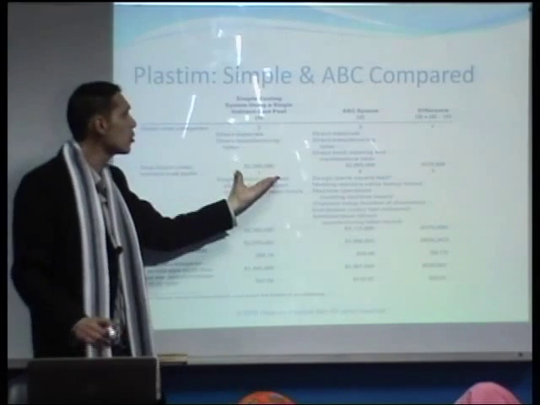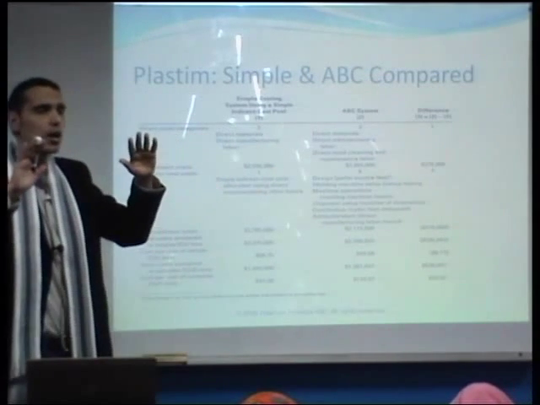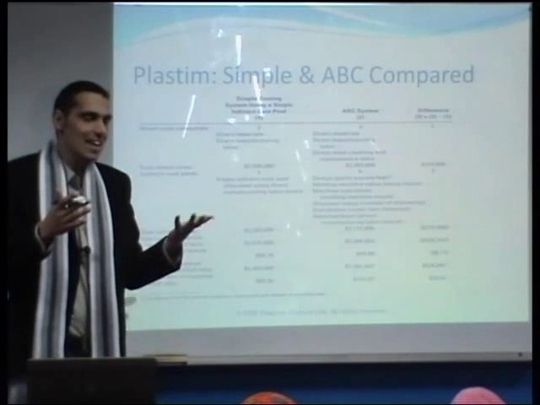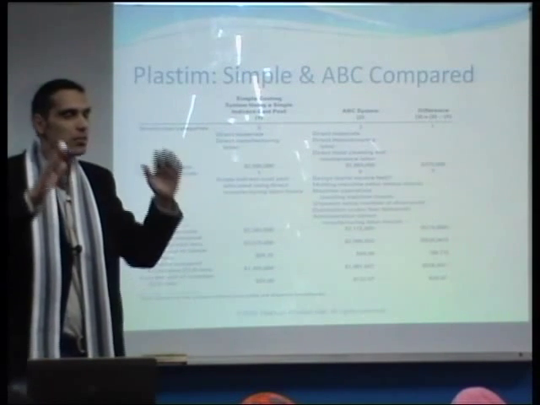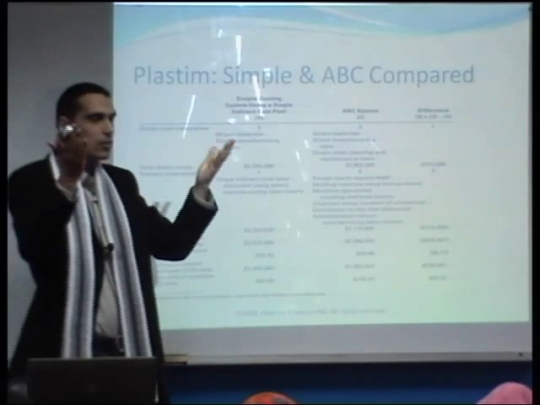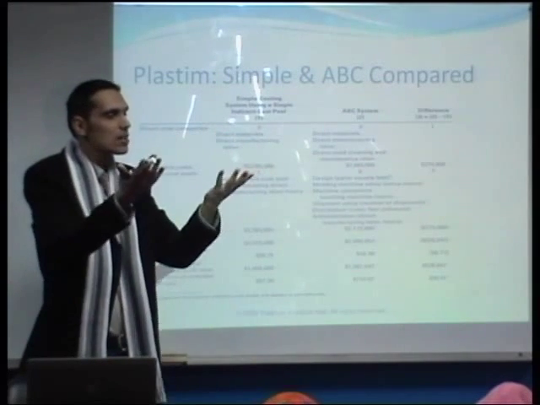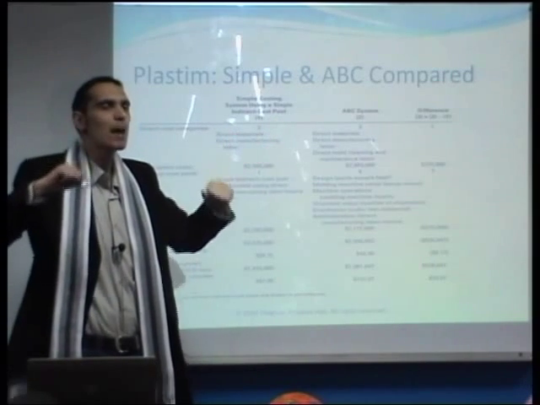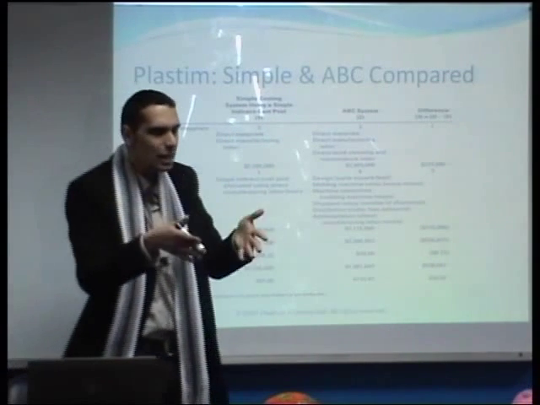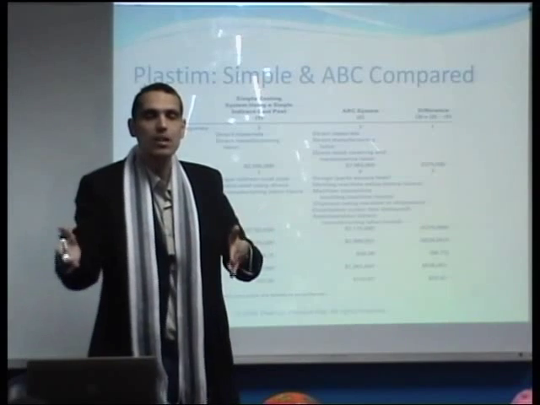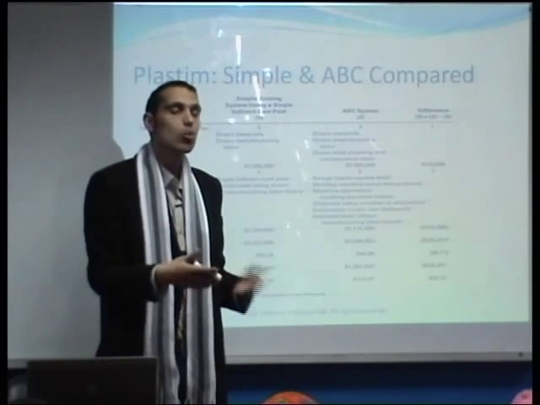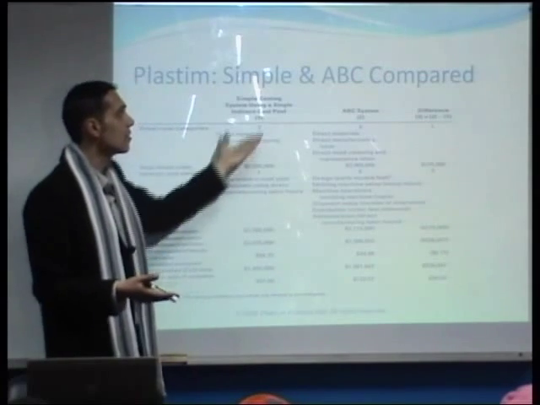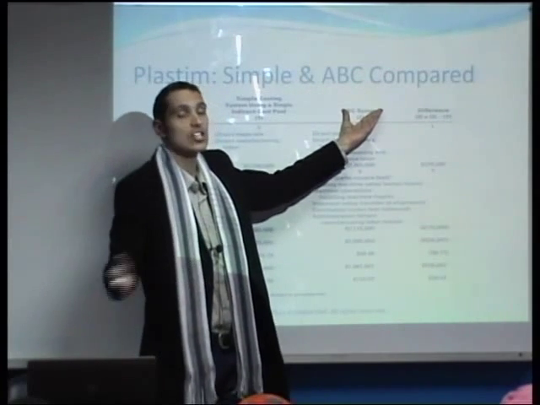Because in the simple costing, they did not actually analyze the processes, but considered the manufacturing processes from a wide perspective. They did not dig deep, they did not analyze the different processes and the different activities within this organization. But in the activity-based costing, they did just that.